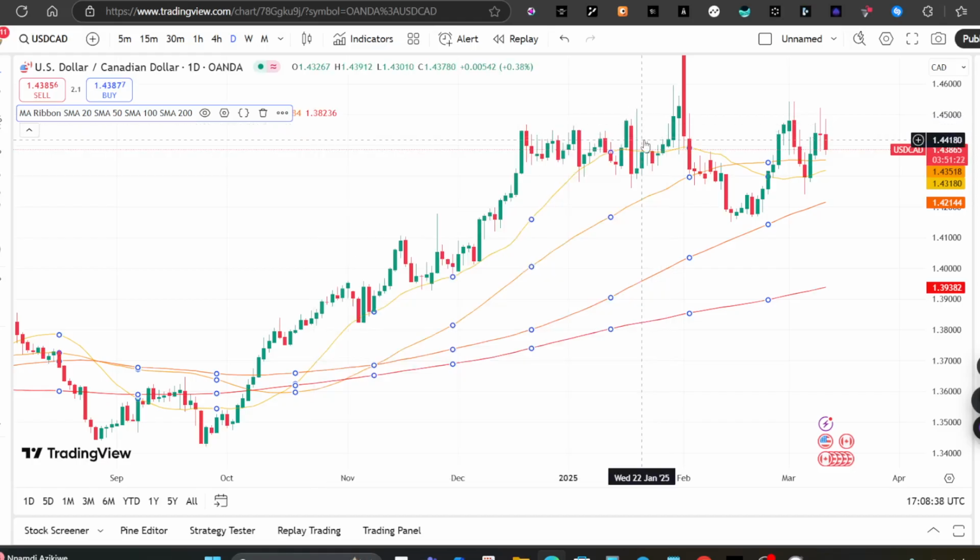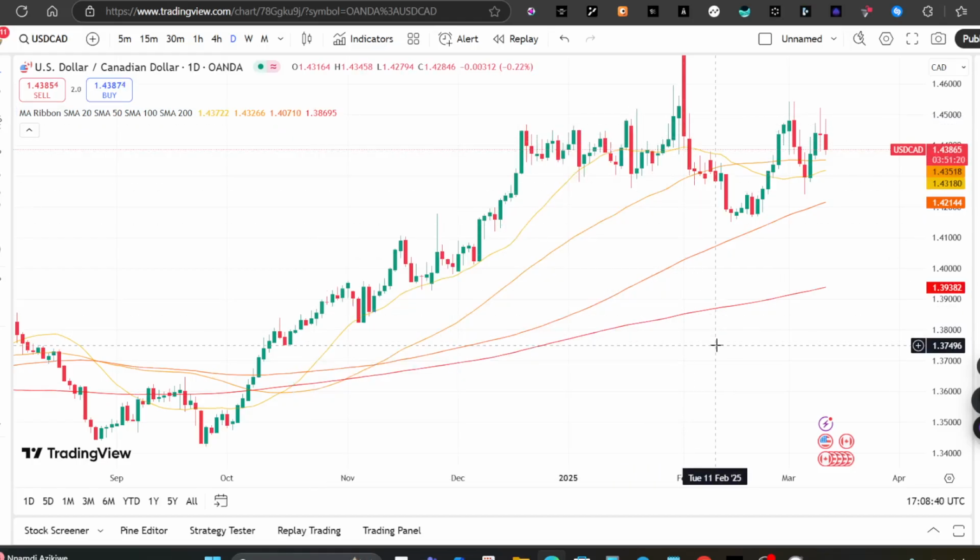Now, the shorter period moving averages will react faster to price changes, while the longer period moving averages react more slowly, right?